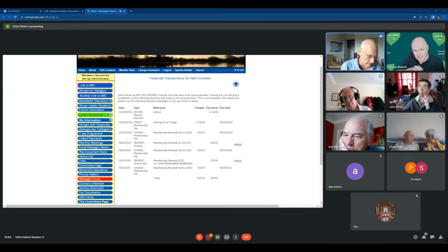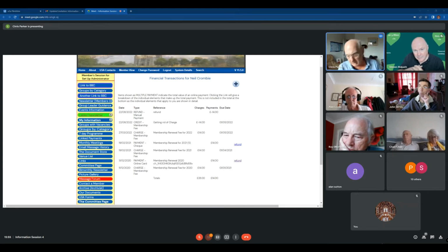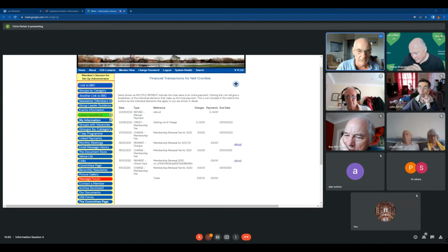So if Mr. and Mrs. Jones are paying together and they pay their £28, it goes in as a £28 payment, and then it does an internal transfer of £14 into Mrs. Jones, so that she looks as though she's up to date as well, which is not the same as joint membership, which is done differently.